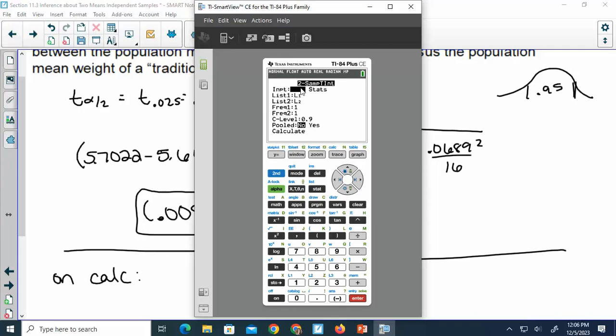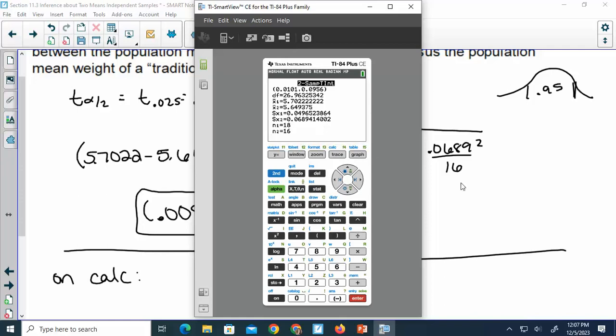Okay, ours is based off data because my stuff is entered in L1 and L2. Otherwise, you would do stats and put in all the numbers from your problem. So my list is L1, list 2, L2. Frequencies are 1. Confidence interval, I asked for a 95%. Pooled, always keep that set on no. It's like grouping the data together.